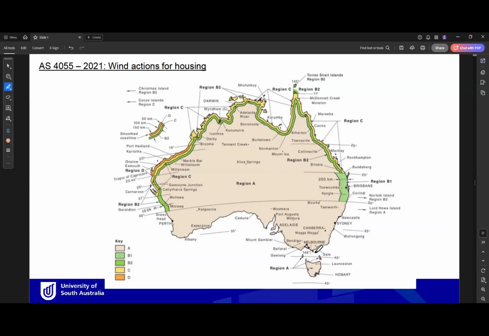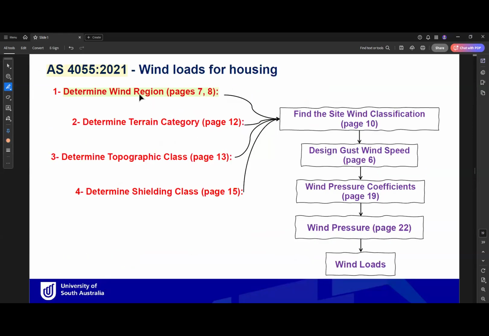For example, if you are in Melbourne, Sydney or Adelaide, all these are region A. If you are in Karumba, for example, it is region C. So this map shows more cities, but anyway, you can use either map in your design or project.